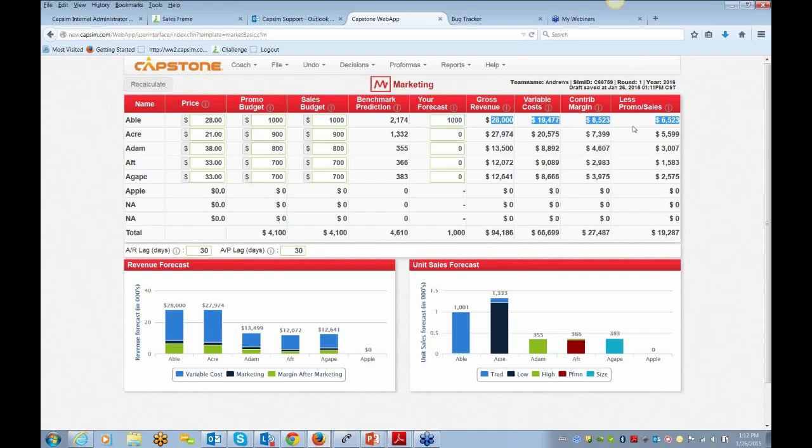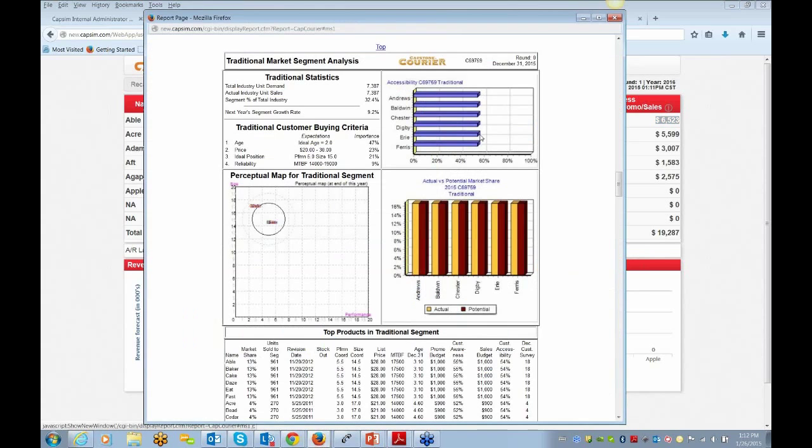But to keep it short on the actual forecast, more of that content is going to be covered in the forecasting webinar. From a very basic perspective, one way you can go about forecasting is by using the Capstone Courier, so we'll jump into that. One of the most simple ways to forecast is to first calculate how much product the industry wanted to purchase last year.